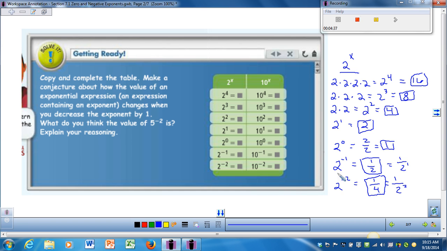Okay? So, another little note to write yourself. When we simplify expressions, we are not done until we have no negative exponents.